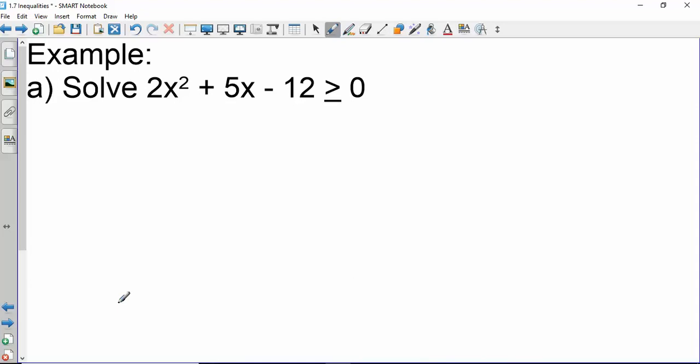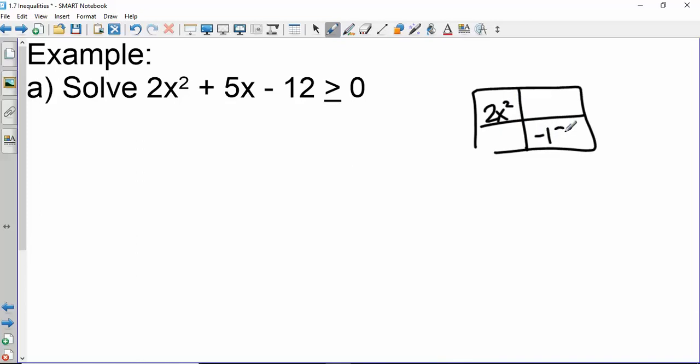What would I do here? You can't do the shortcut, you have to do the full box. So I need two numbers that multiply to -24, and they add up to +5.